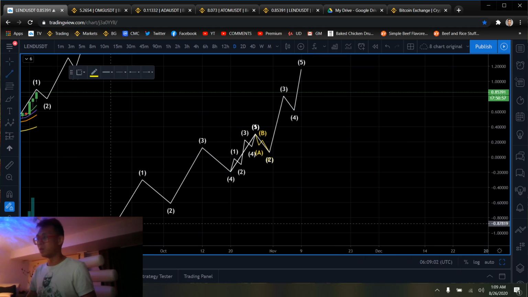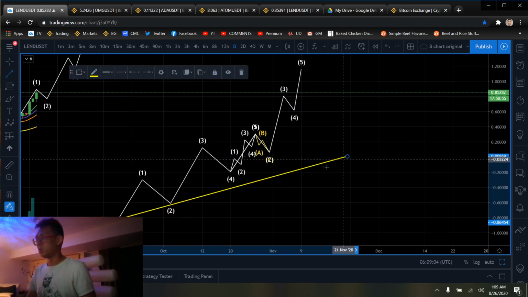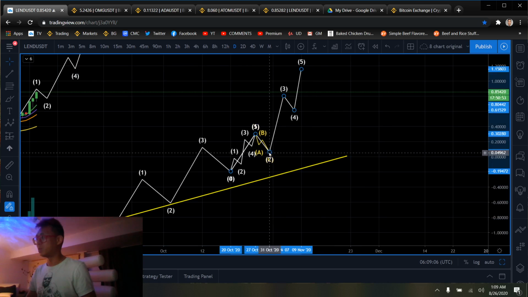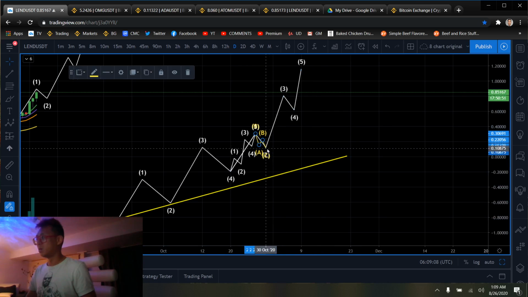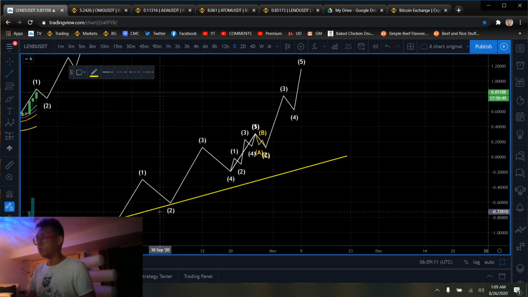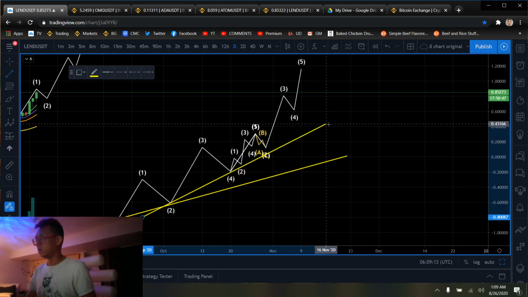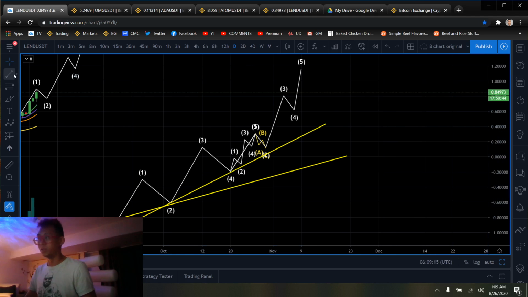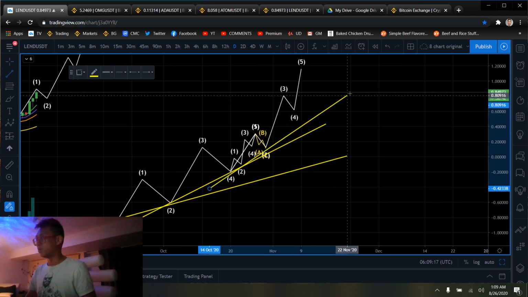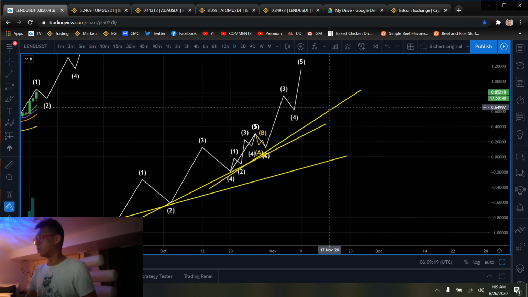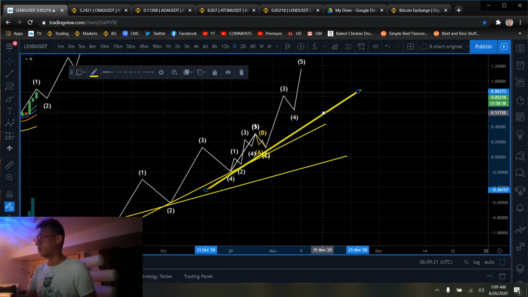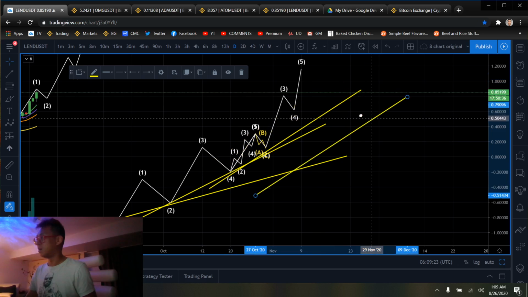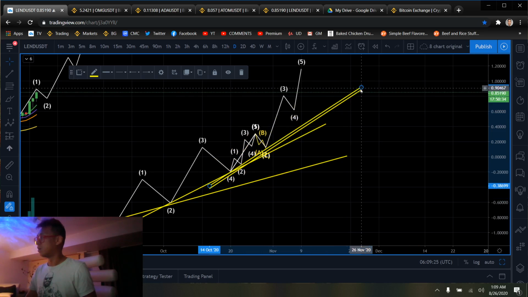Okay? Because if you actually take a look at this structure and you just keep drawing the waves, what you notice from each one is that the increase gets sharper and sharper. See what I'm doing on purpose? It parabolically goes to the upside. Okay?